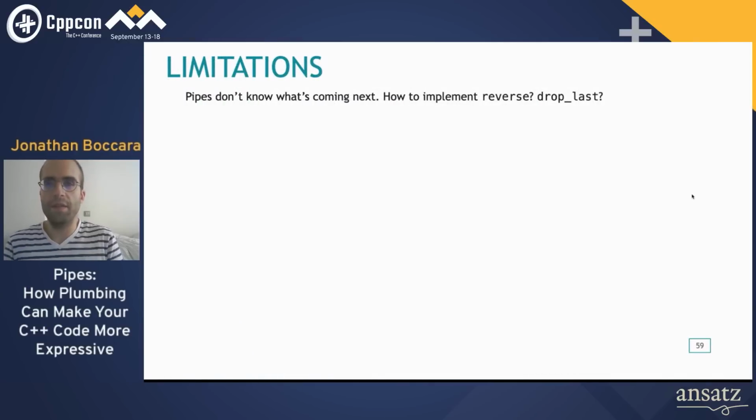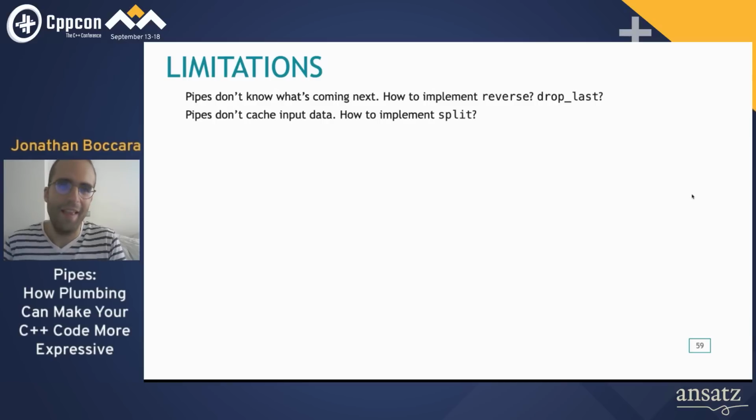So this makes it more difficult to implement reverse, for example, because if you want to reverse, you don't know when you're finished. Or drop last, which consists in not pushing the last elements, because you don't know when this is the last. I don't know how to implement those two functions with pipes. Perhaps it's possible, but I haven't found how, because of the push model.